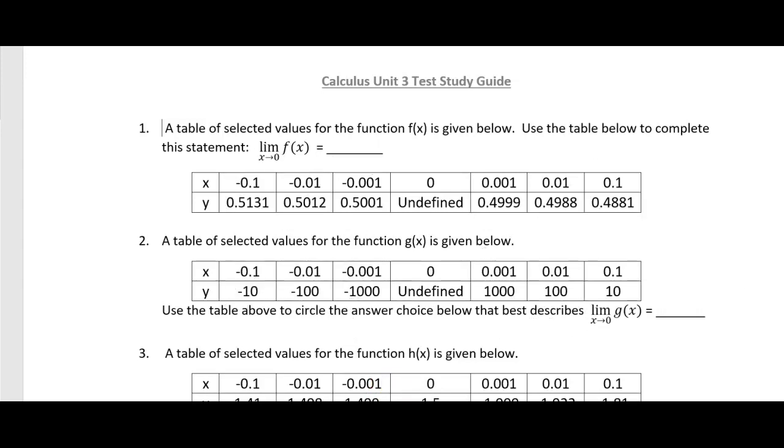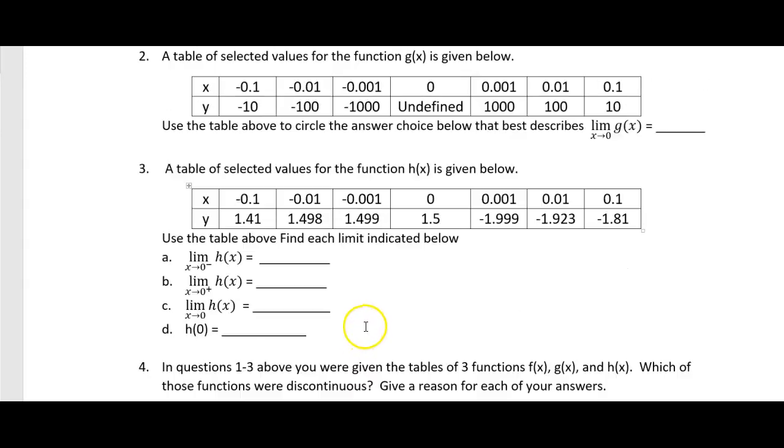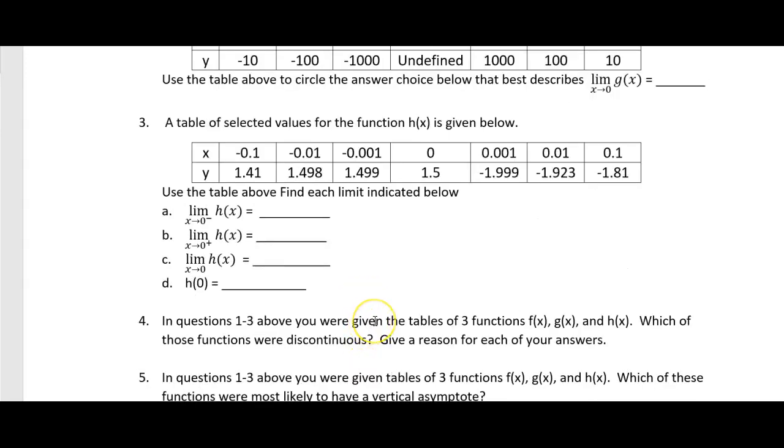All right. Let's go ahead and move on to our next part here, number 3. A table of selected values for the function h of x is given below. Use the table above now to find each limit indicated below. So we're approaching 0 from the left. So we're talking about this. What's the limit as we approach 0 from the left?